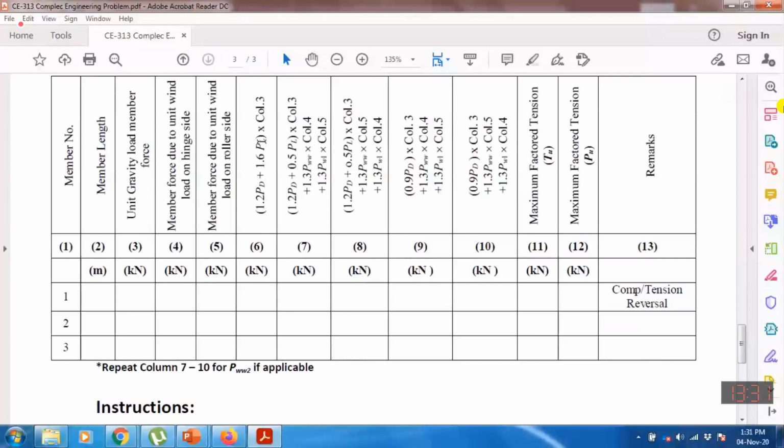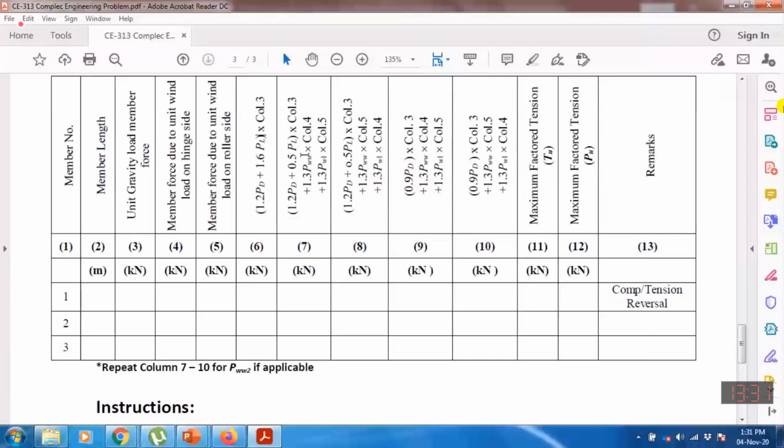If the member force due to unit force is equal to this one, then if this magnitude of total gravity load is acting on the truss, the total member force will be multiplied by the member force due to the unit gravity load. So columns number 7, 8, 9, and 10 you can fill up.